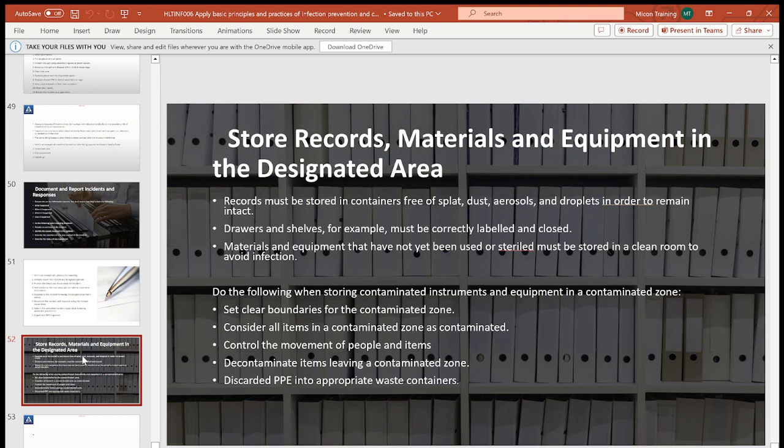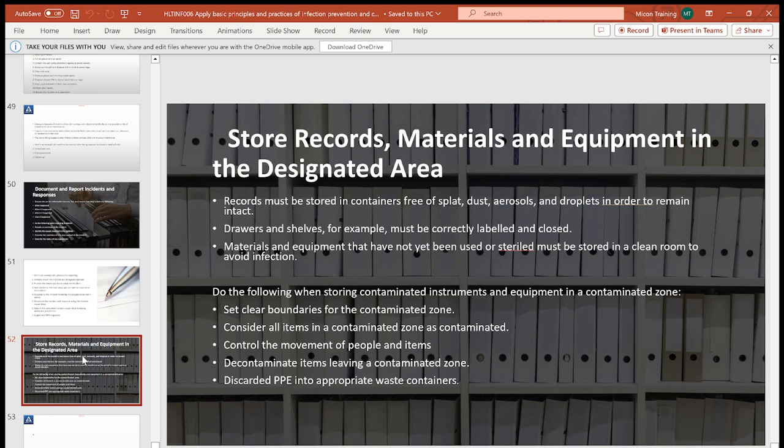Once all our documentation is done, we need to store our records, materials, and equipment in a designated area. Records must be stored in a container free of spilled dust and aerosols.